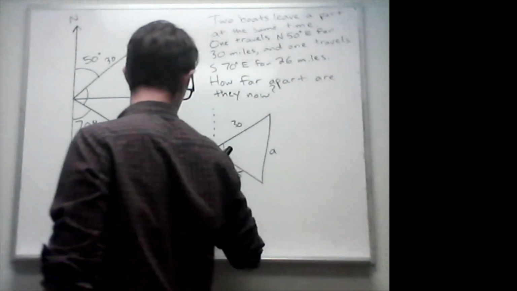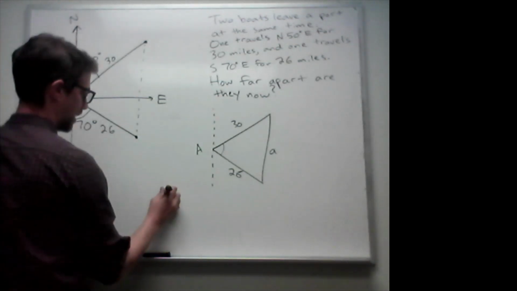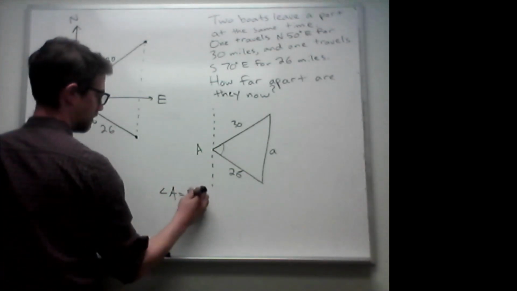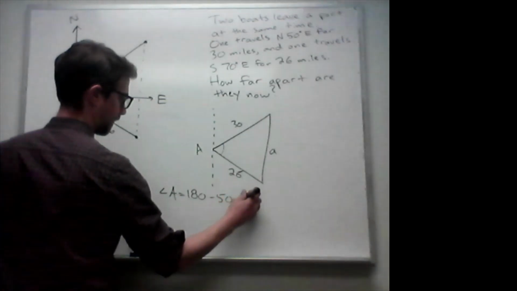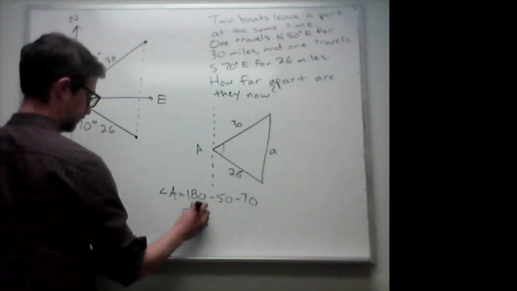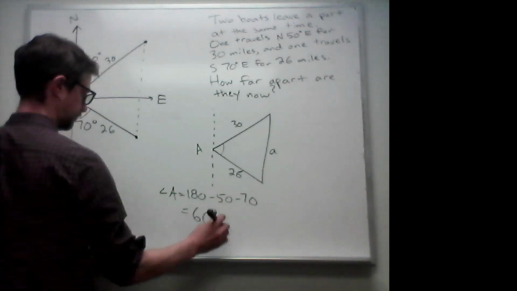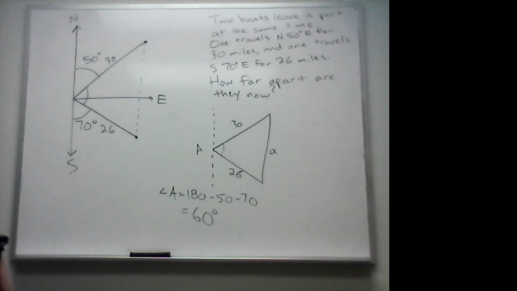This is the one we care about, side A, and right now we can get angle A. Angle A just turns out to be 180 minus 50 minus 70, which is 60. So we weren't given that information, but it didn't take a whole ton of work to get it.